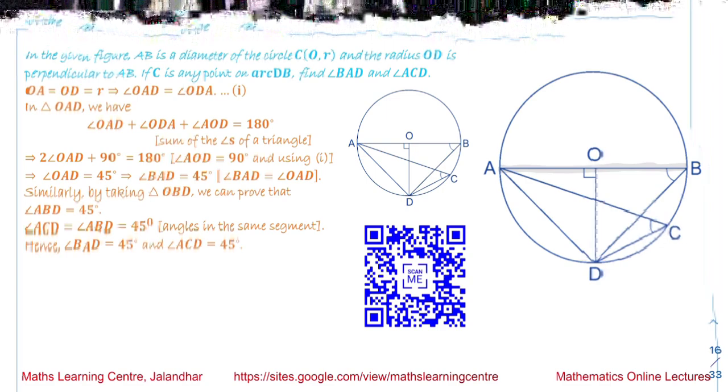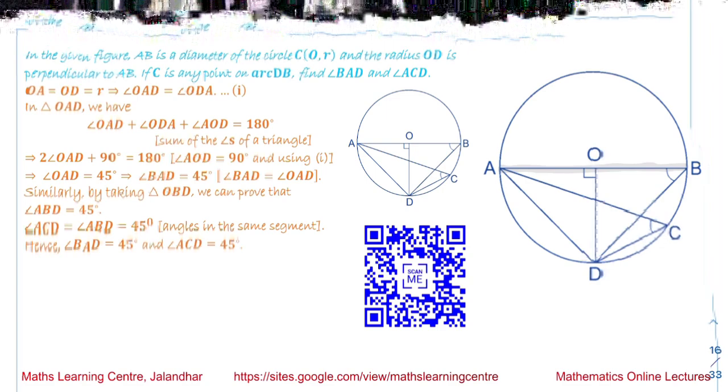If angle BAC, this angle over here, is 56 degrees, and angle ACB is 64 degrees, we have to calculate the values of angle DBC. Next we have to calculate IBC.